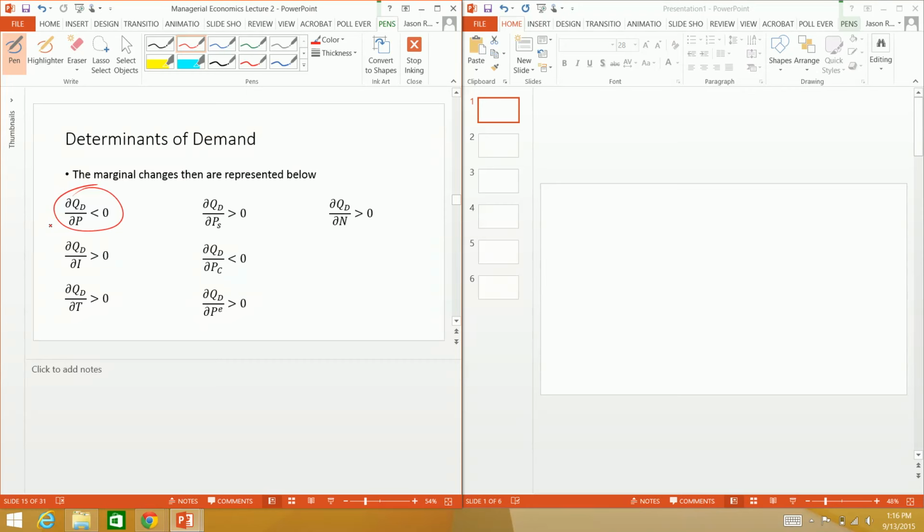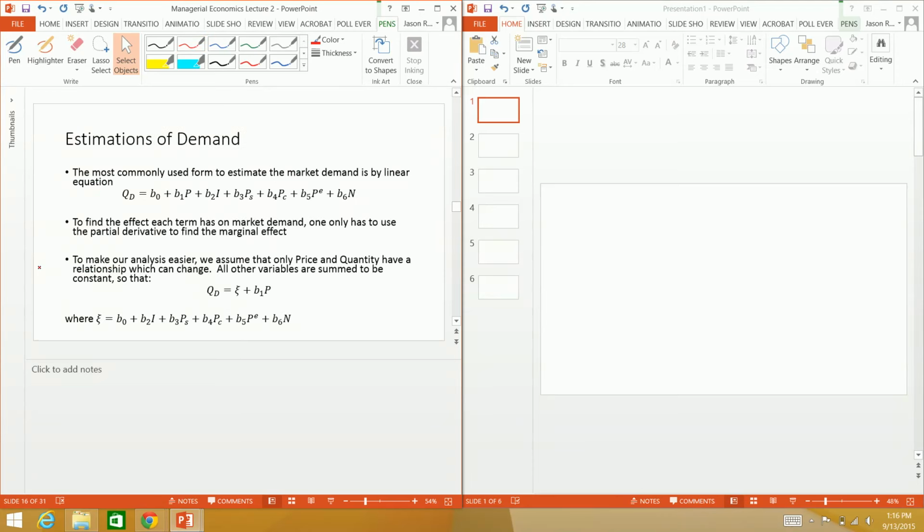And so that's going to lead to the change in quantity demanded. Then we go on to look at how income changes, right? All of these say ceteris paribus, all else equal. So when we're looking just at the change in income, every other factor of demand remains constant.